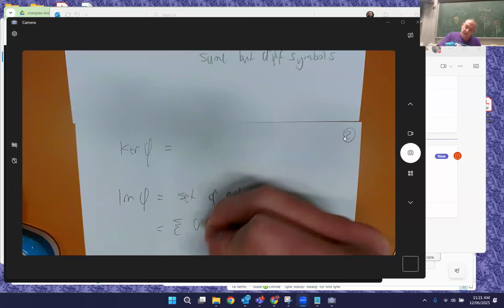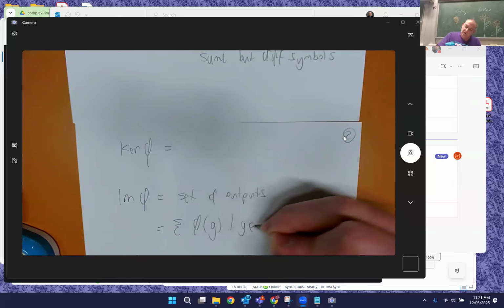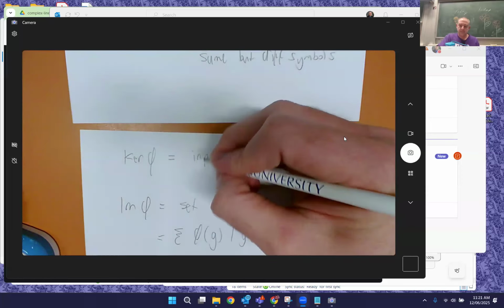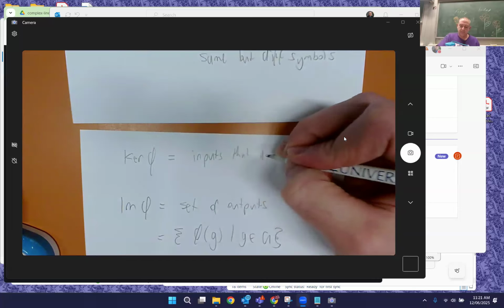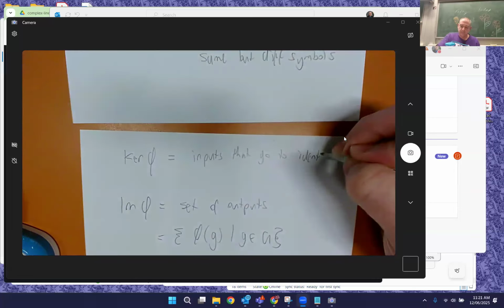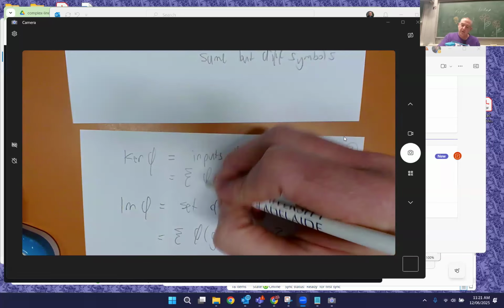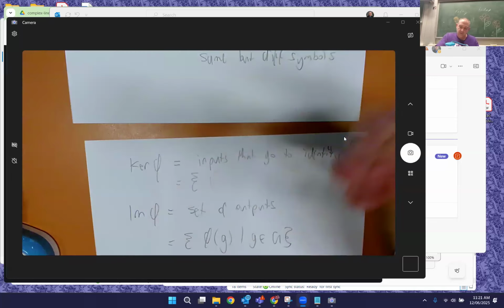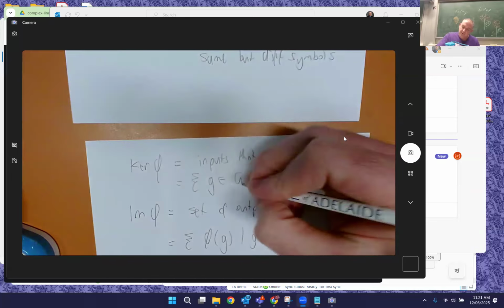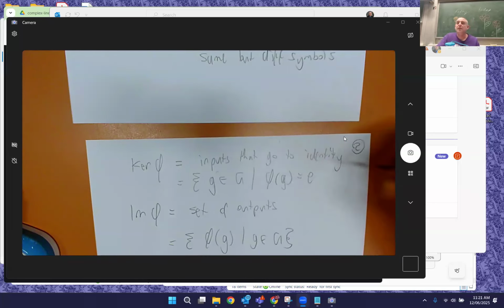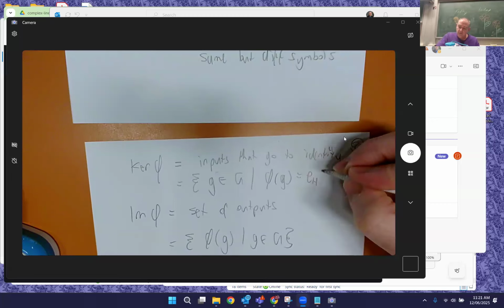So that's the set of phi of g such that g is in G, like that. And the kernel is the inputs that go to the identity. The set of g's in G such that phi of g is the, do they use e for the identity? In H.